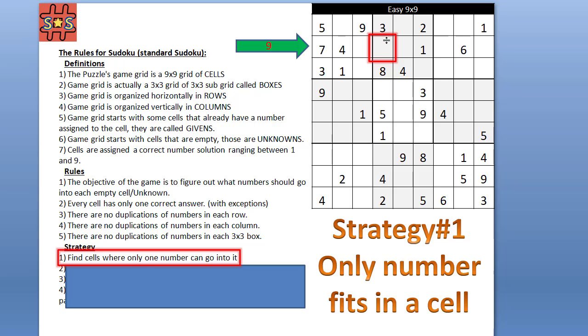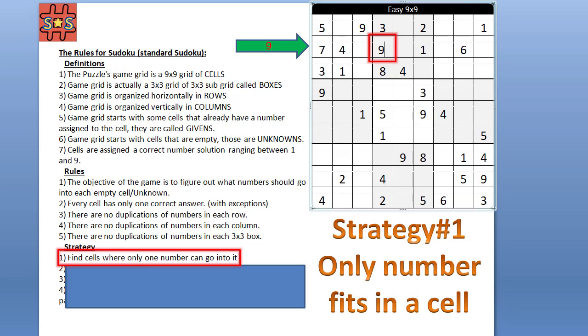There's a 5 in the same column, so we know it can't be a 5. There's a 6 to its right in the same row, so we know 6 doesn't go into that space. And 7, there's a 7 in that same row to the left, so it's not 7. There's an 8 in that same box and column, so it's not an 8.